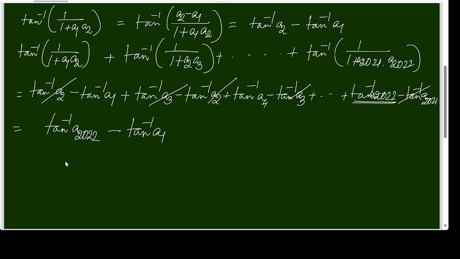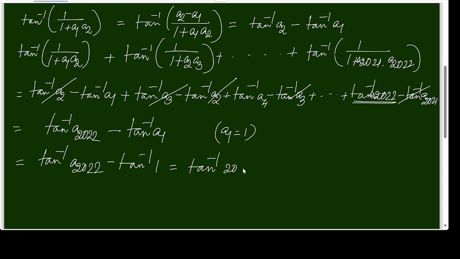So a1 equals 1. Replacing this, we can write tan inverse a2022 minus tan inverse 1. Tan inverse 1 is pi by 4. So the answer is tan inverse a2022 minus pi by 4.